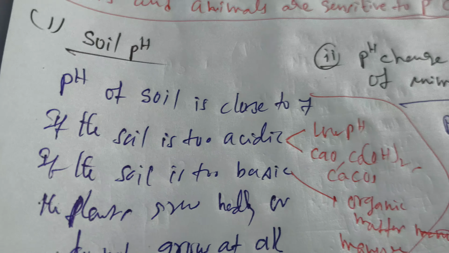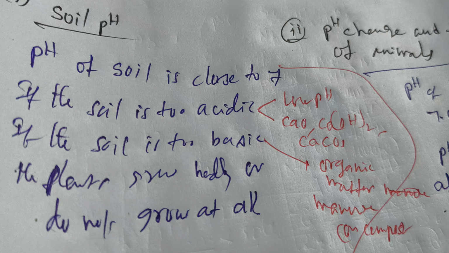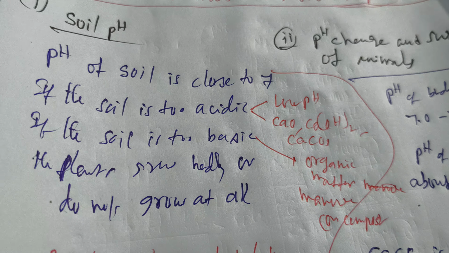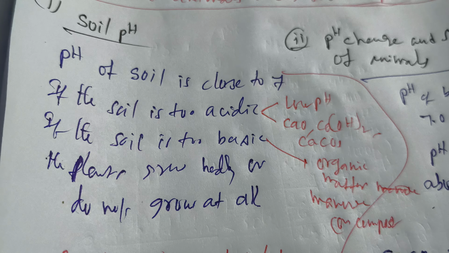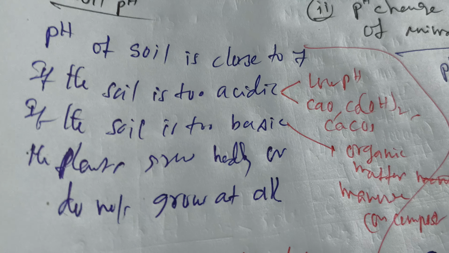Plants grow very well when the pH of soil is close to 7, but due to adding manures, using chemical fertilizers, liquid chemicals, there will be a change in the pH of soil.